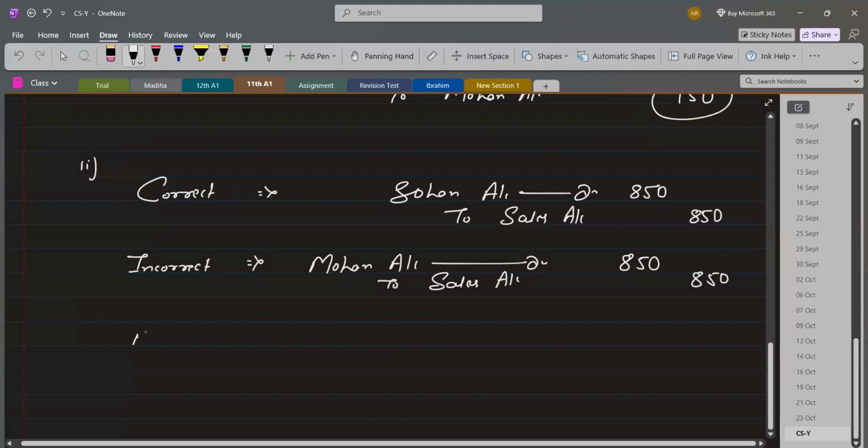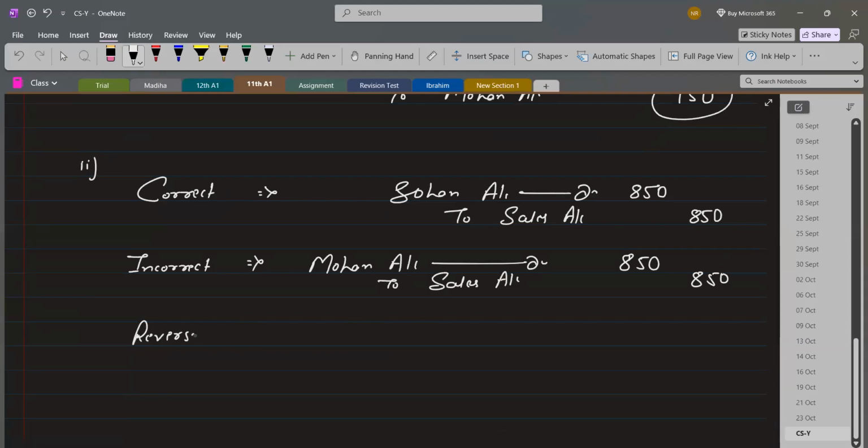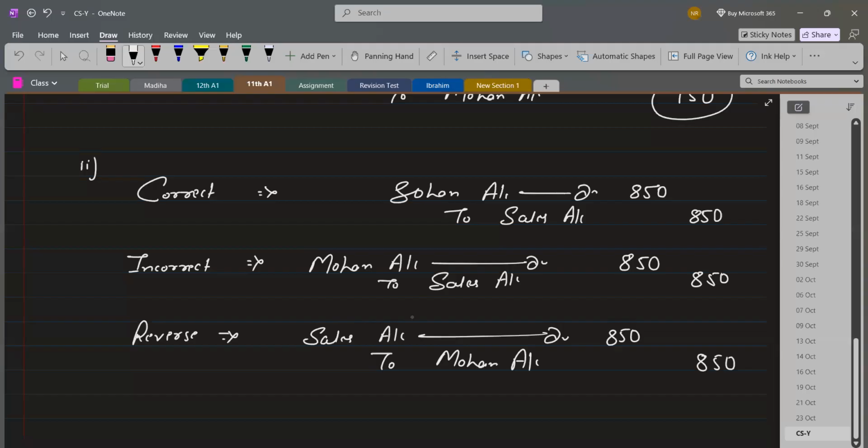Now the incorrect one will be reversed as we discussed. The reversal entry: sales account debit to Mohan account, 850. Now we will match, or you can say merge, the correct one and this reverse one. Sales on the credit side in the correct one with 850 and sales on the debit side, these two items will be removed because it is plus minus.